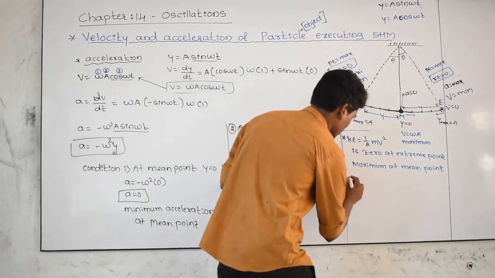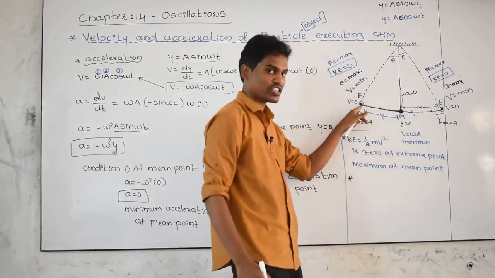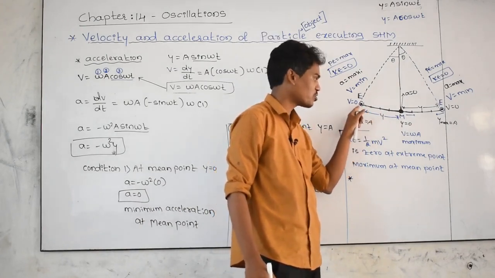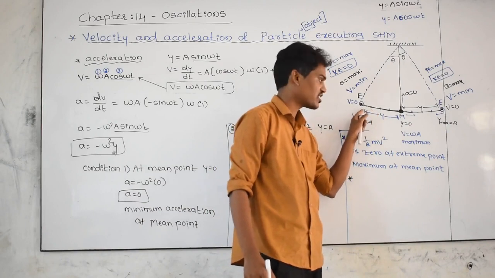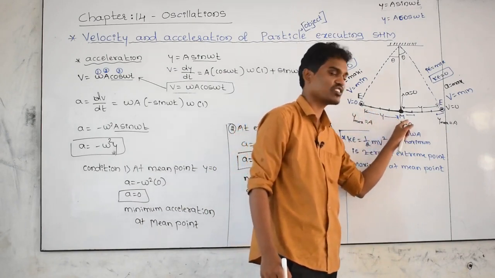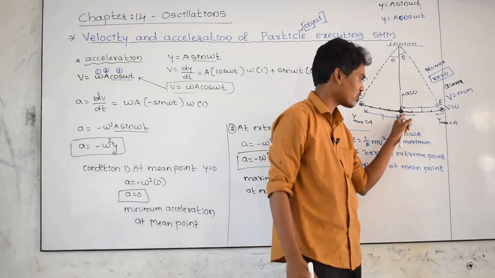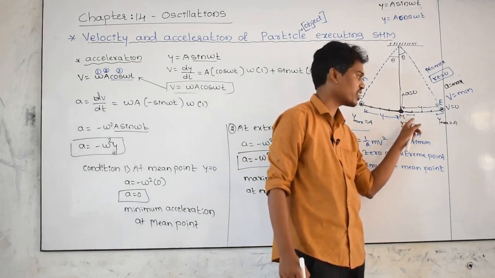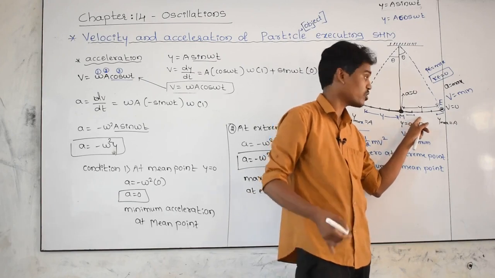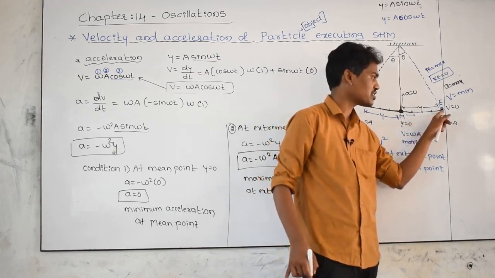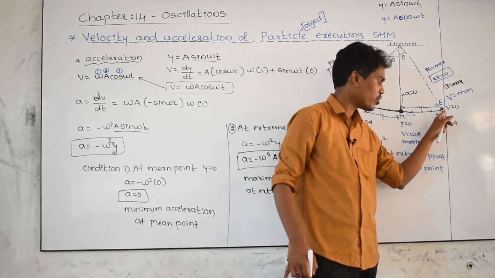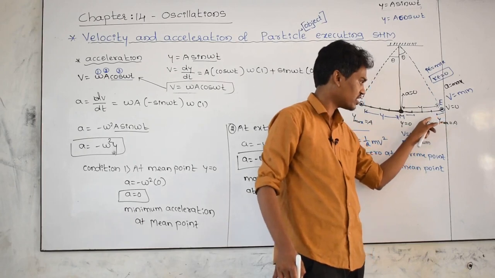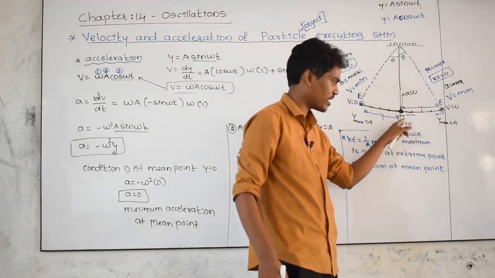And what about potential energy? Here potential energy is maximum, however the body is moving towards mean point, its velocity goes on increasing, means kinetic energy goes on increasing and potential energy goes on decreasing. Once the body crosses the mean point, velocity goes on decreasing, then kinetic energy goes on decreasing, and potential energy goes on increasing. At this point potential energy becomes maximum. Again if the body is in this direction, potential energy goes on decreasing, kinetic energy increases. At this point kinetic energy is maximum.